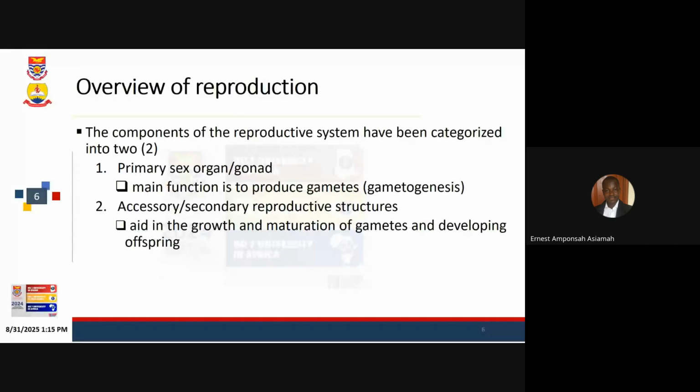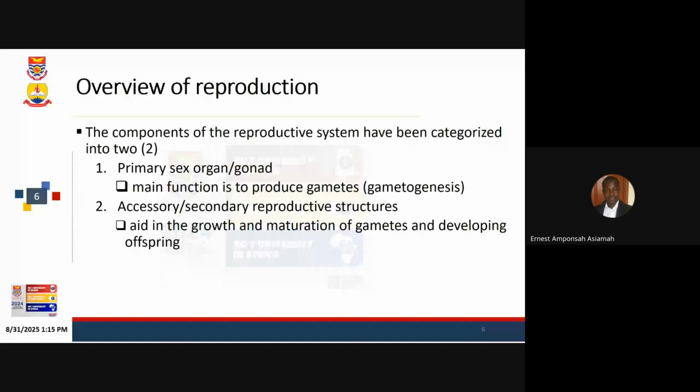The main function of the primary organ is to produce the sex cells or the gametes. Gametes is the same as sex cells. Then we have the accessory reproductive organs. They help in the growth and maturation of the gametes, and also in developing the offspring.